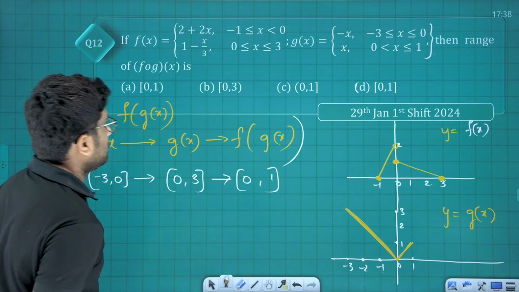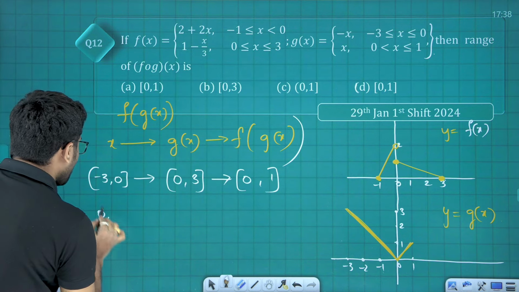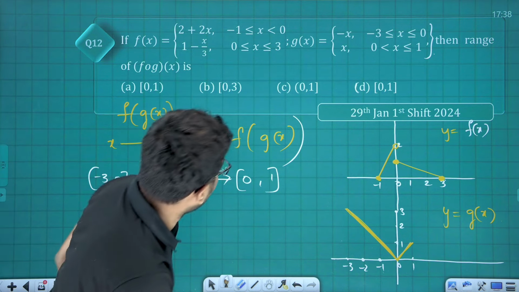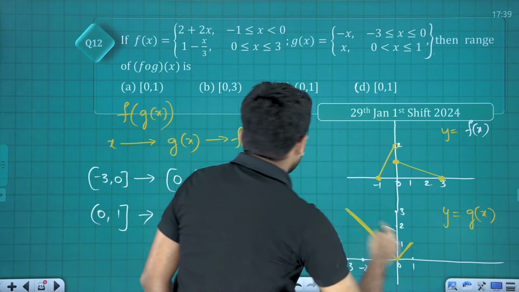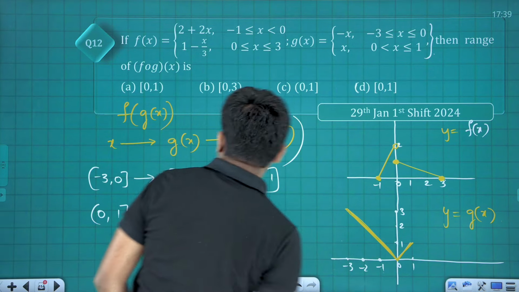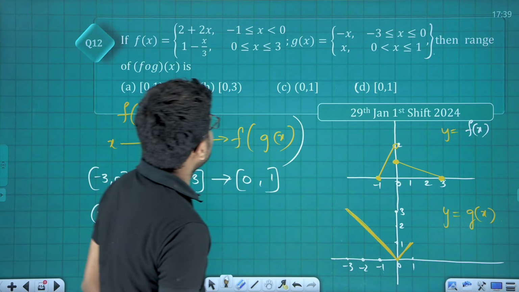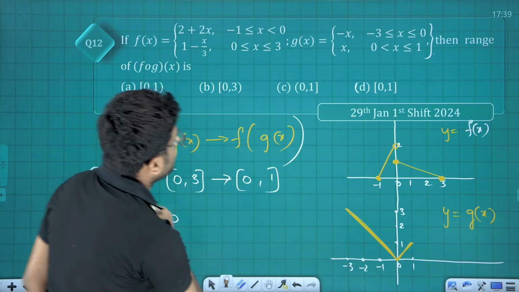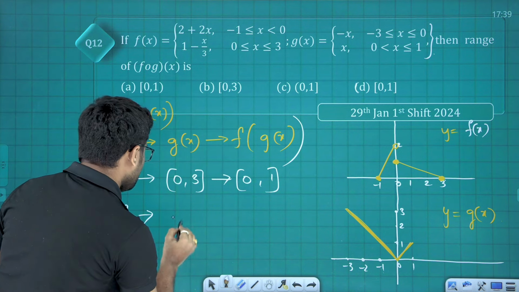Okay. Next case is from 0 to 1. If x takes values from open 0 to closed 1, g of x is again open 0 to closed 1 only.